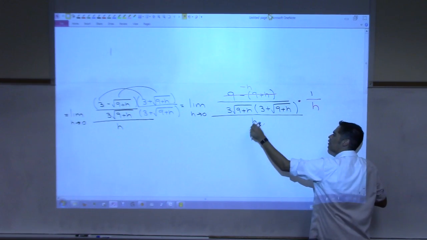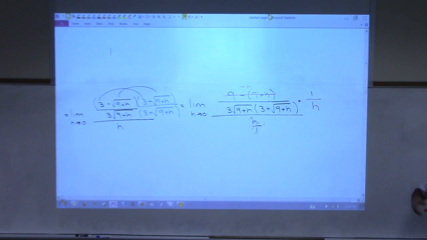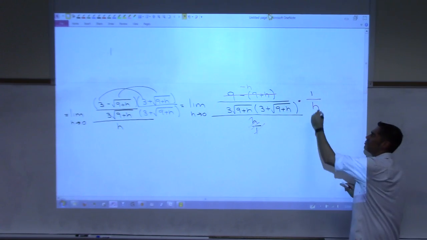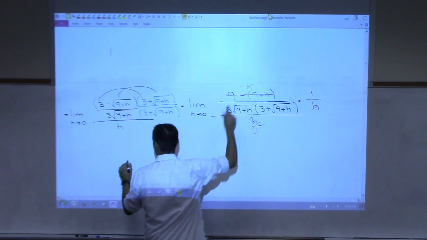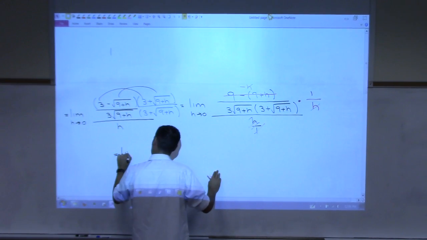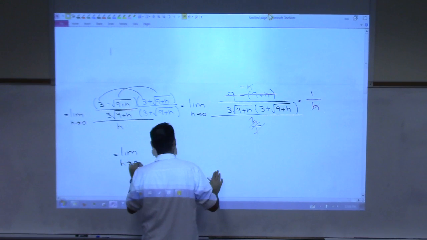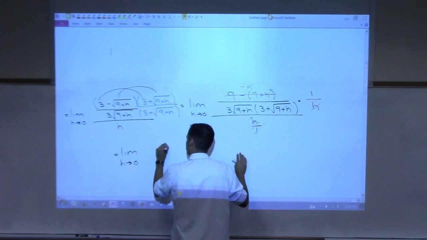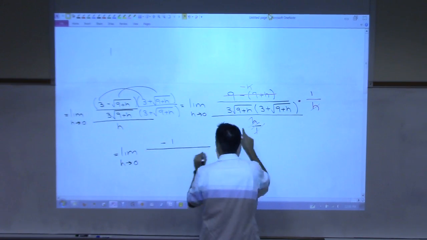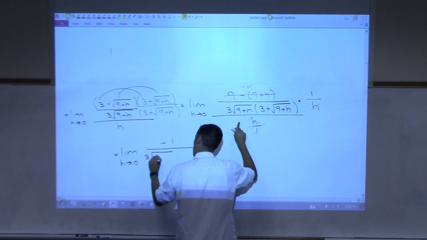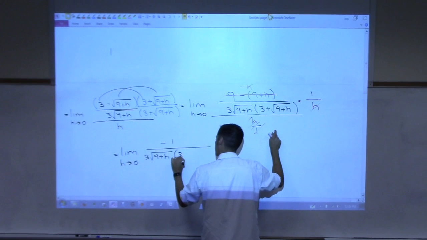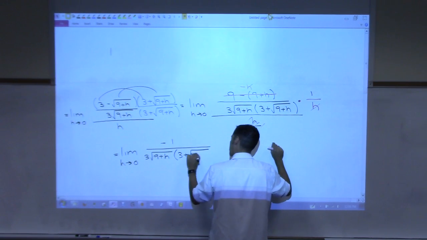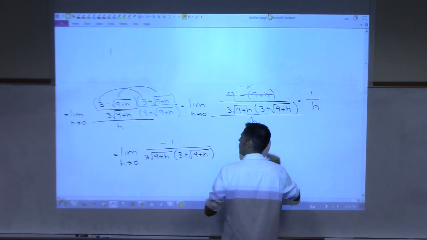And I don't have to worry about this anymore. And do you see the h's will cancel? Yeah? So this cancels with this. But don't forget, we have a negative up there, right? So limit as h goes to 0, negative 1 on top, and then all this junk down here that I didn't want to touch, 3 times root of 9 plus h times, in parentheses, 3 plus root 9 plus h. There.